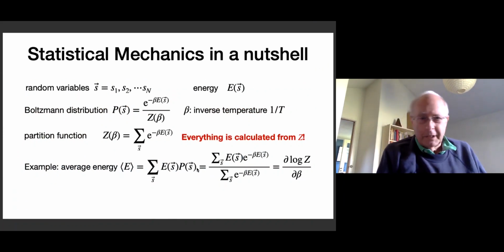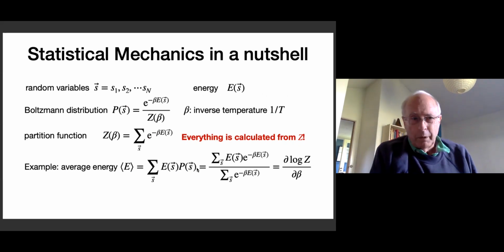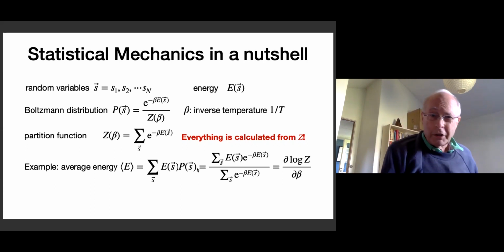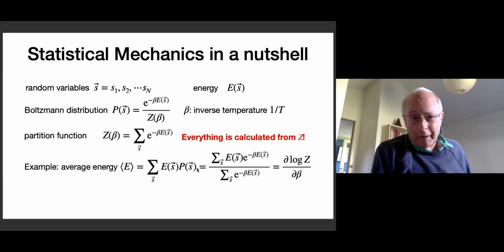So first of all, statistical mechanics in a nutshell. Suppose we have some set of random variables, S1, S2, etc., n of them. When I mean the whole set of them, I'll indicate it as a vector S. And there's some function we call the energy, which is a function of those variables.